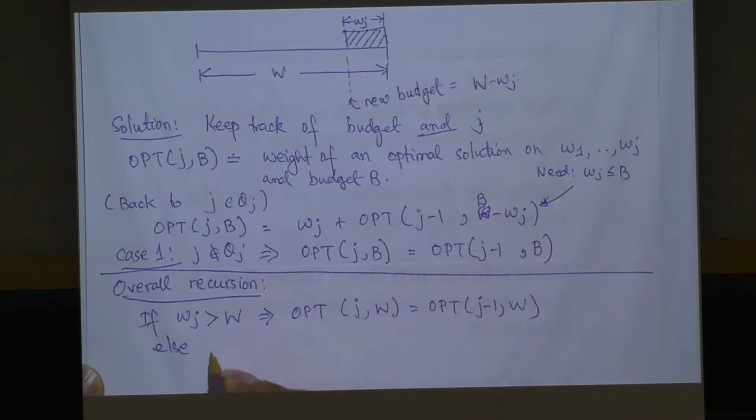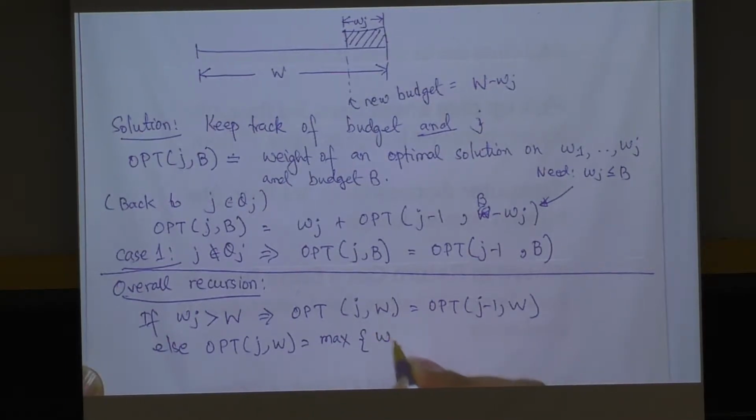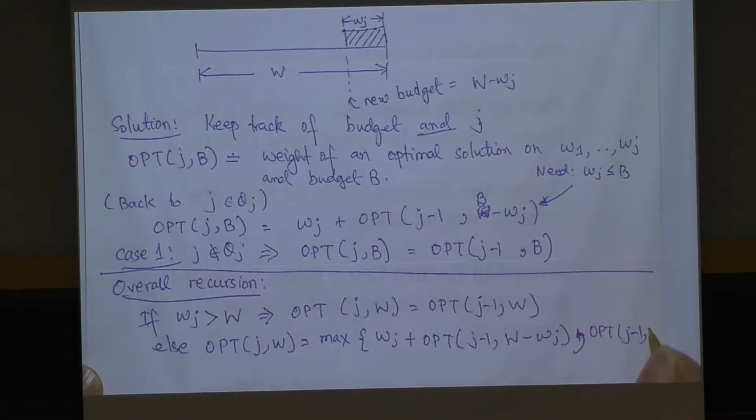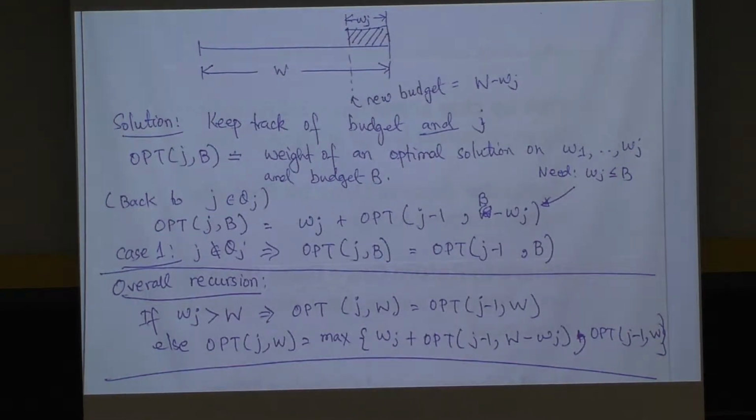Else opt of J comma W is the max of Wj plus opt of J minus 1 with budget W minus Wj, and opt of J minus 1 comma W.